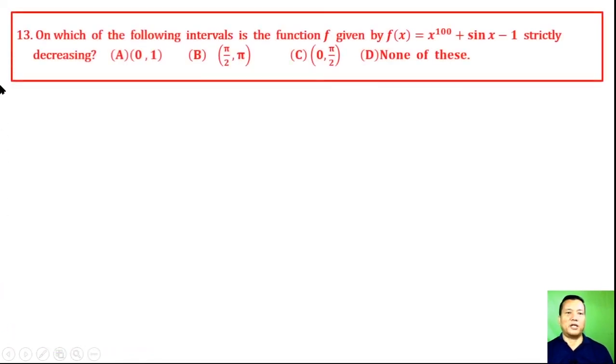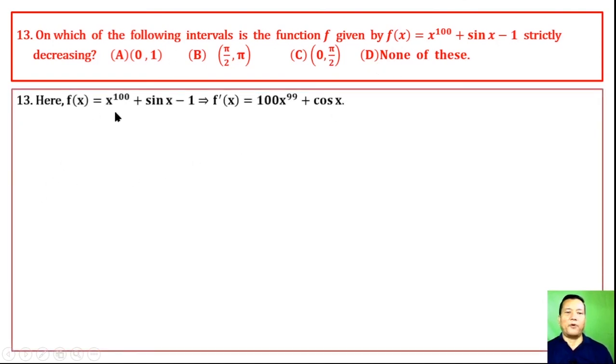For question number 13, on which of the following intervals is the function f given by this strictly decreasing? a, 0 to 1; b, pi by 2 to pi; c, 0 to pi by 2; d, none of these. Let us try. Here f of x is x to the power 100 plus sine x minus 1, whose derivative is 100 times x to the power 99 plus cos x.